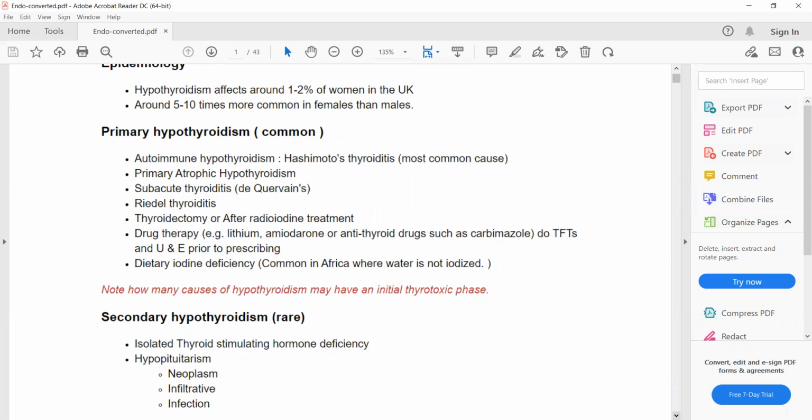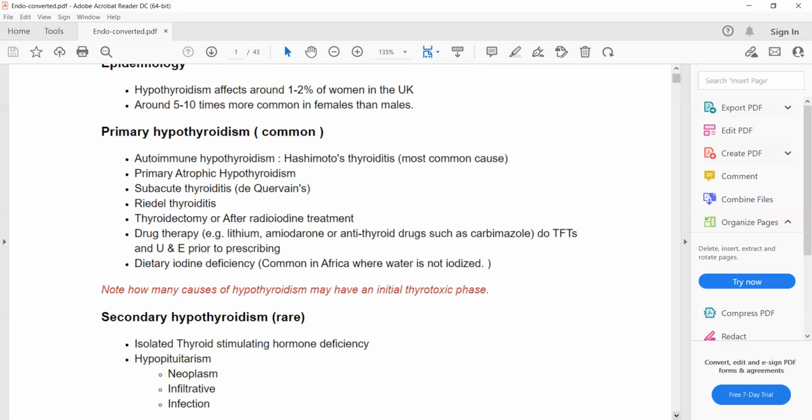The hormone responsible for the stimulation of thyroid hormone secretion from the thyroid gland is released by the hypothalamus, which is thyroid releasing hormone. So the hypothalamus releases thyroid releasing hormone, which stimulates the anterior lobe of the pituitary gland to produce thyroid stimulating hormone, and then thyroid stimulating hormone stimulates the thyroid gland to produce thyroid hormone.